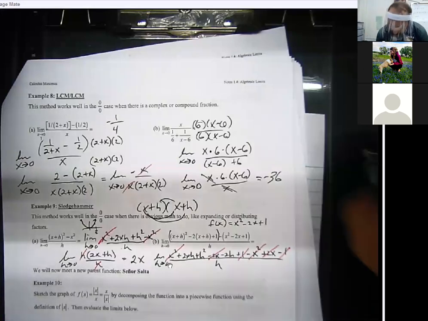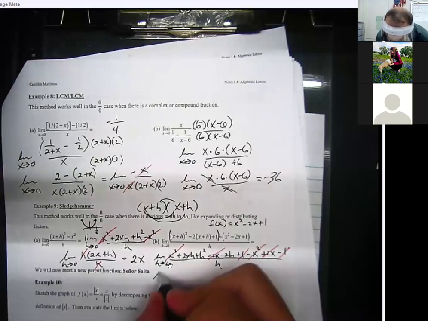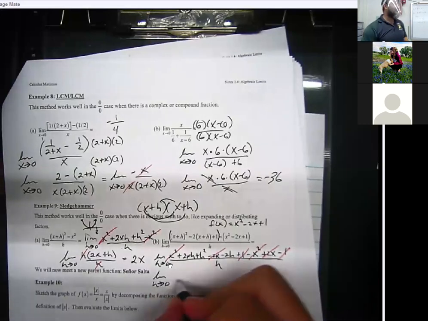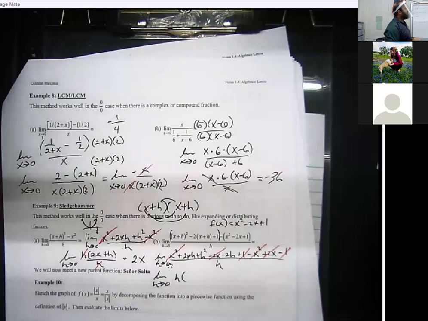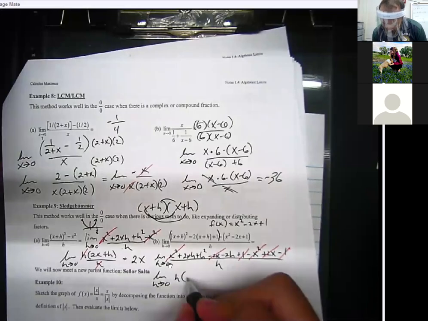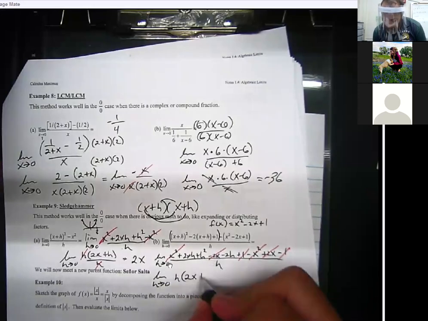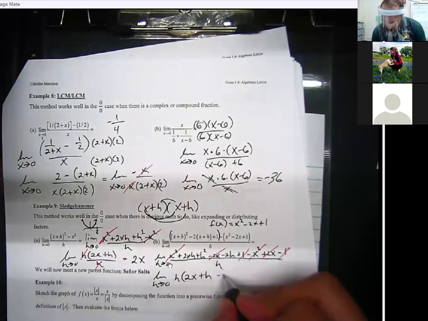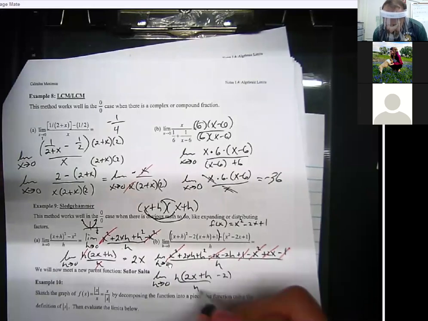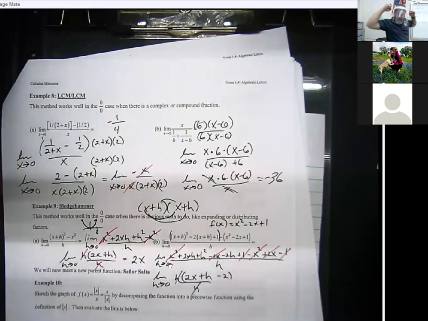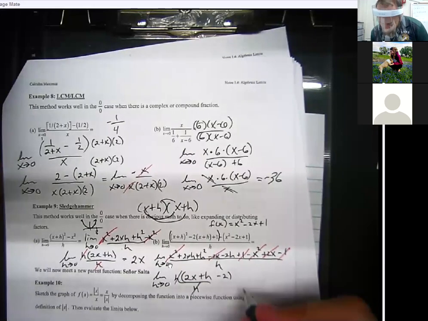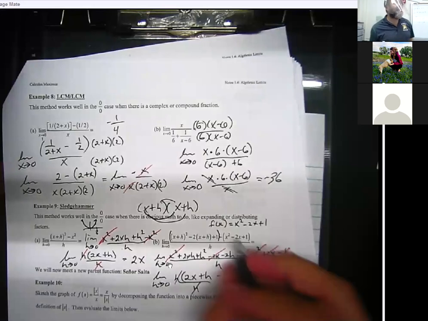Everything on top has an H. So if it has an H, I can factor it out. Let's be careful. What's left if I factor out that H? 2x, there's an H there, and -2 there, all over H. Those cancel. So as H gets infinitely close to 0, the slope of this thing is 2x minus 2.